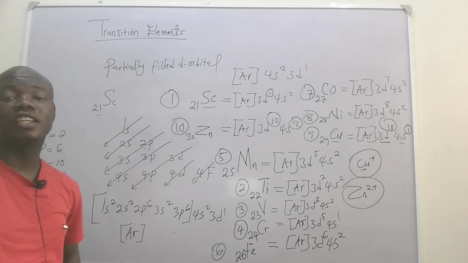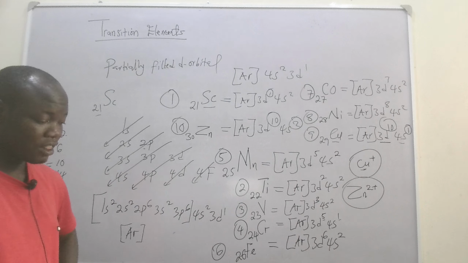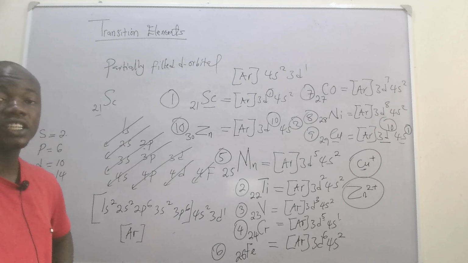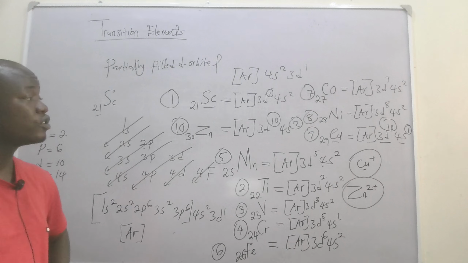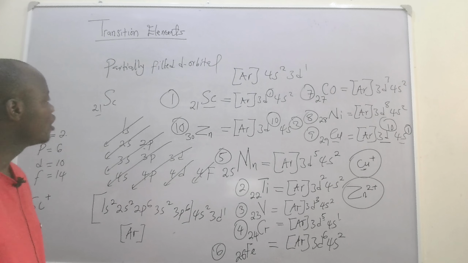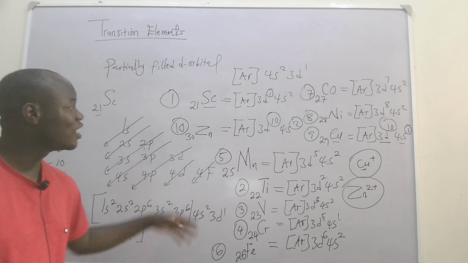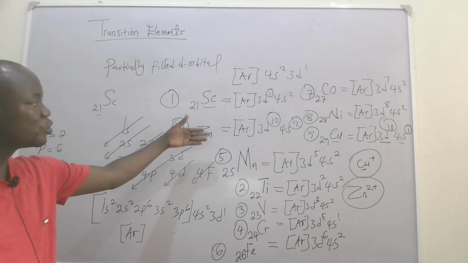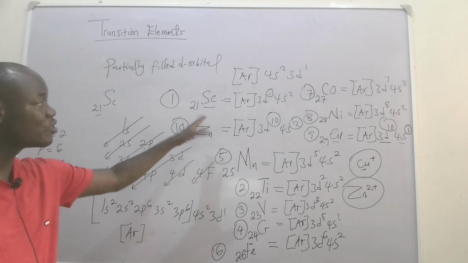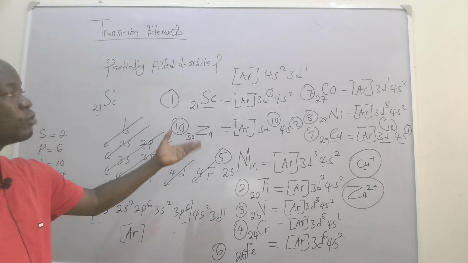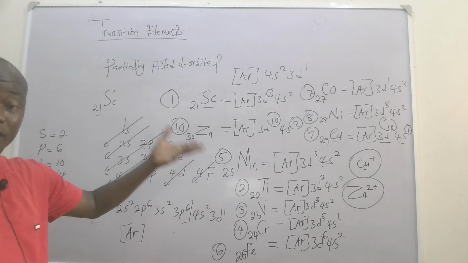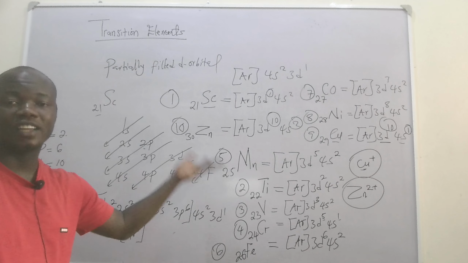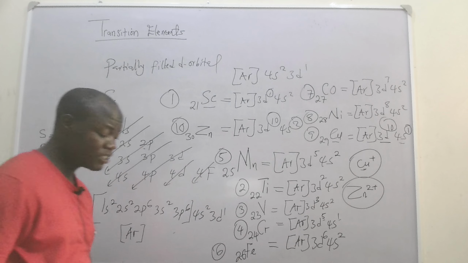Very importantly, ladies and gentlemen, there is something very important that I have to say here, especially about quantum numbers. We can ask what the quantum numbers of some of these transition elements are, and how you can use quantum numbers to generate the electronic configuration or to identify a particular transition element. It's very simple.